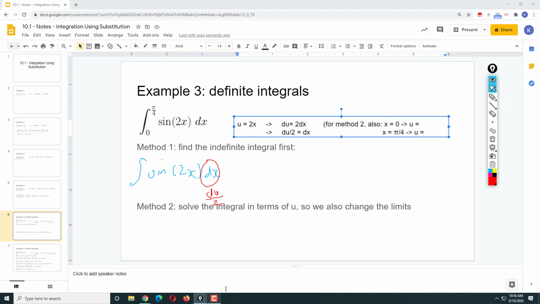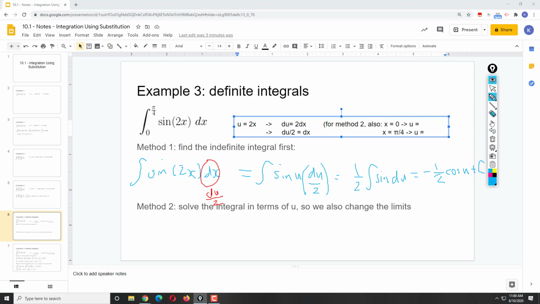And that means that my integral, the integral of sine 2x times dx, has to equal the integral of sine u times du over 2. That's the same as 1/2 times the integral of sine u du. That's negative 1/2 times cosine u plus c.